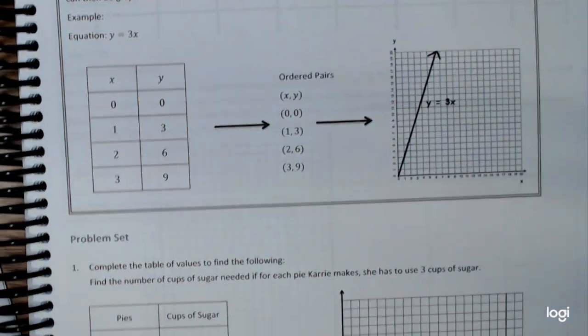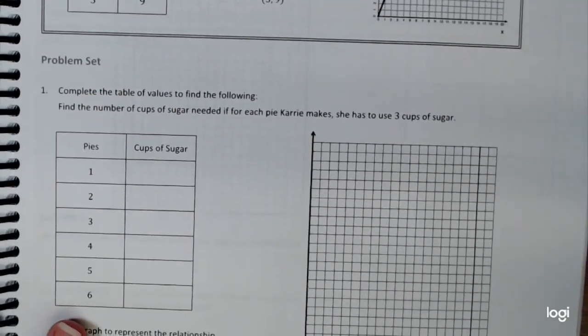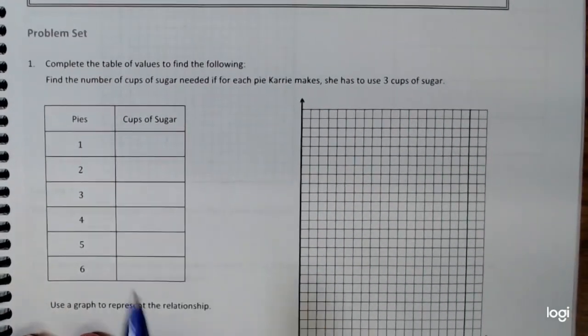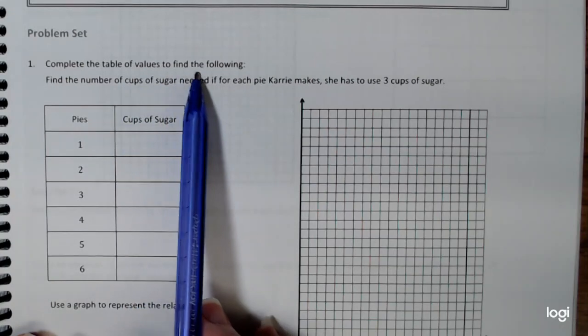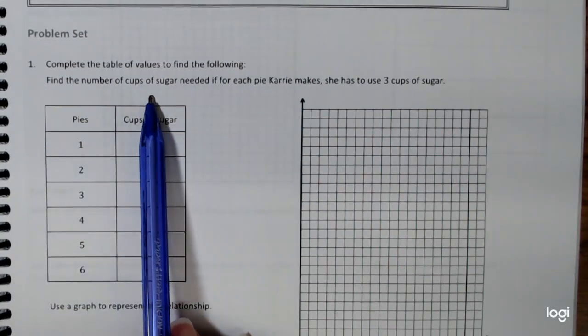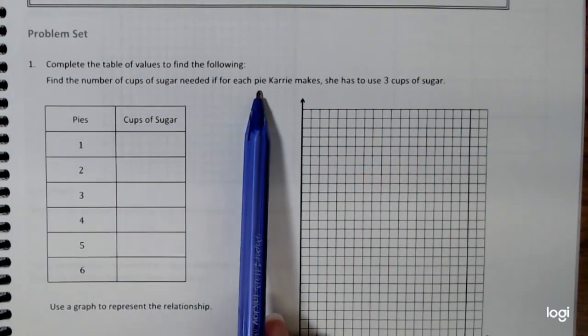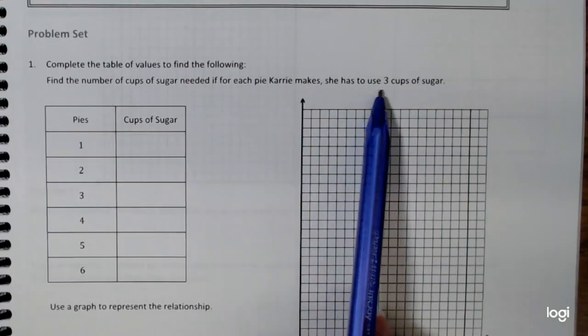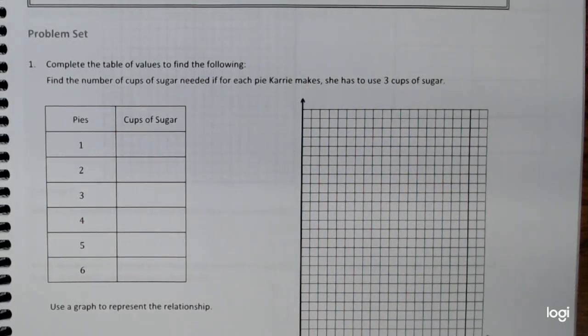And I want to practice one more time with you on this problem set. Let's go ahead and look and see what it says. It says, complete the table of values to find the following. Find the number of cups of sugar needed if for each pie Carrie makes, she has to use 3 cups of sugar. So we're going to go ahead and continue our pattern.